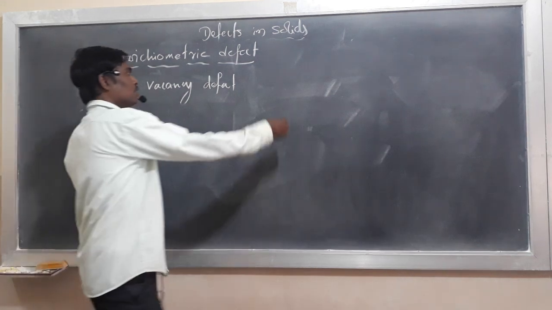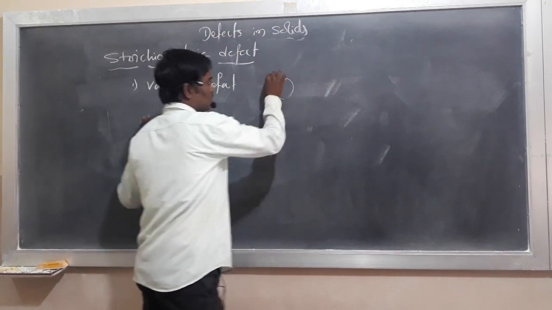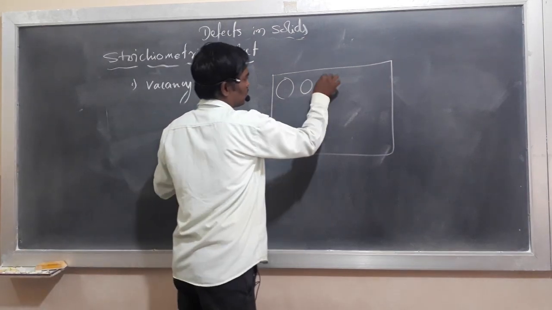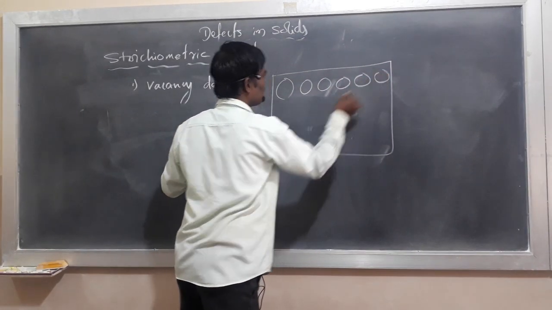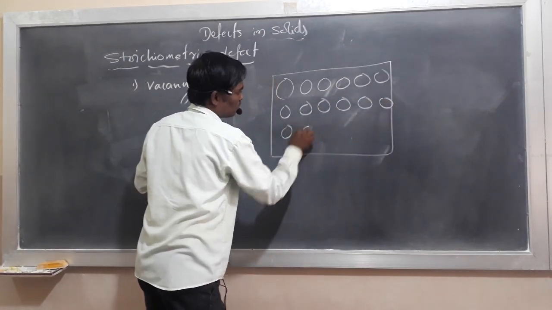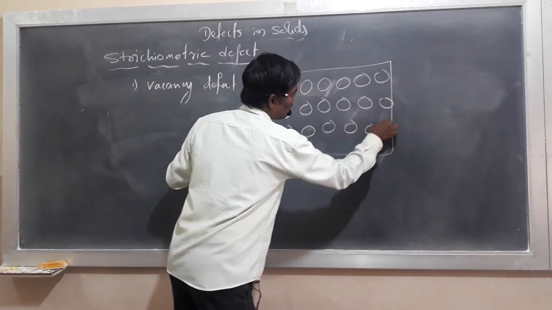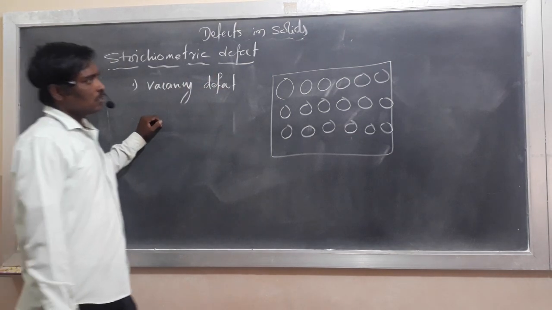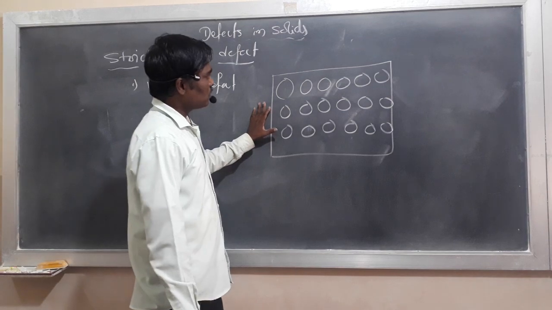For example, this is a crystal which contains constituent particles. I am showing the constituent particles with these circles. They are atoms or molecules. So this is a perfect crystal.